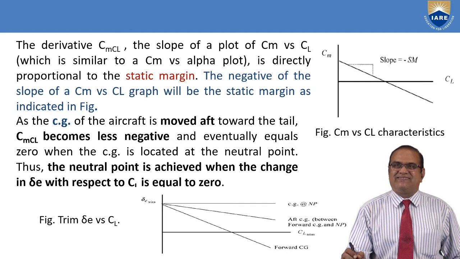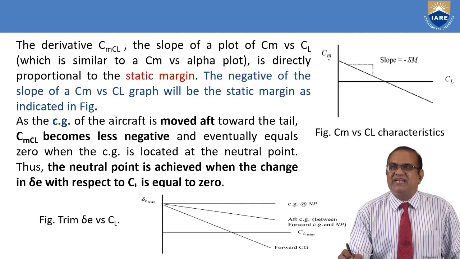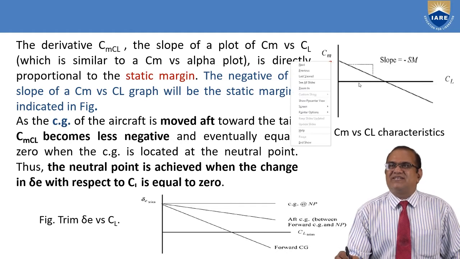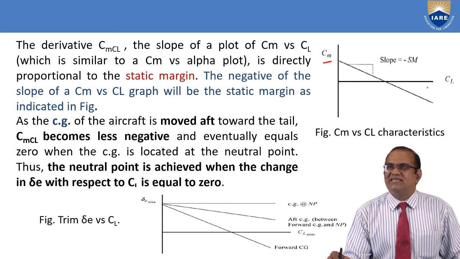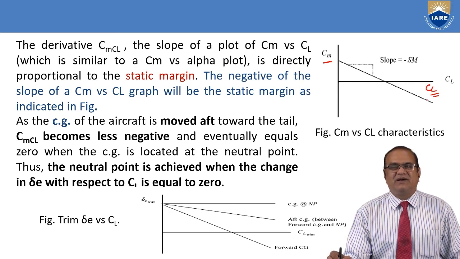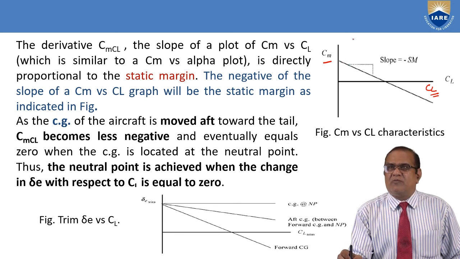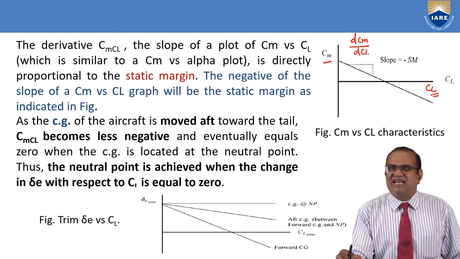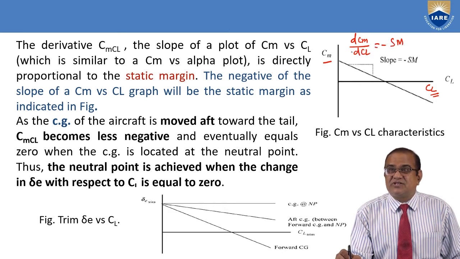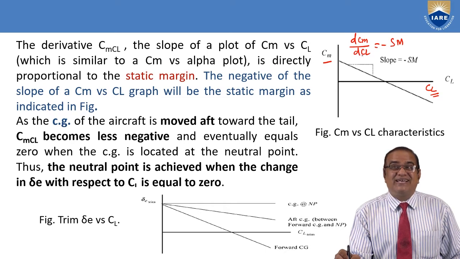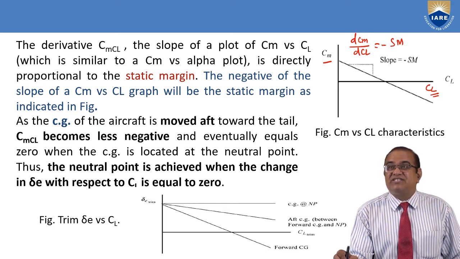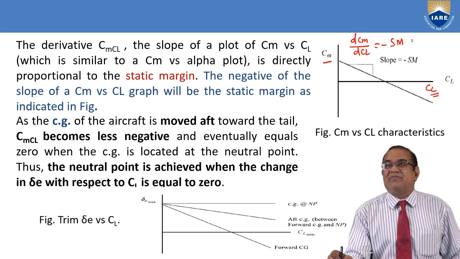If the slope dCm by dCl is negative, it is stable.